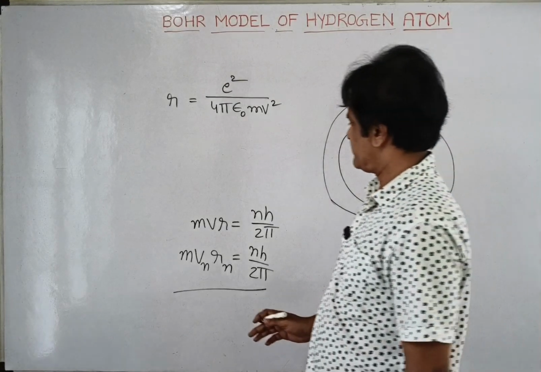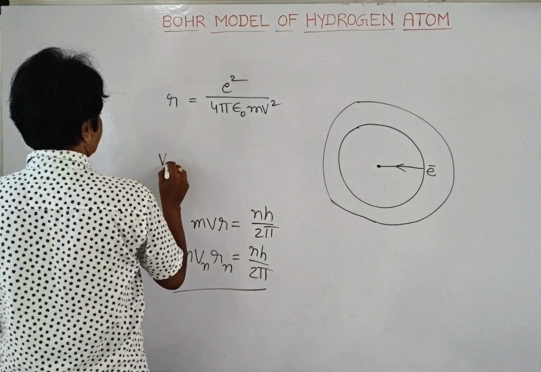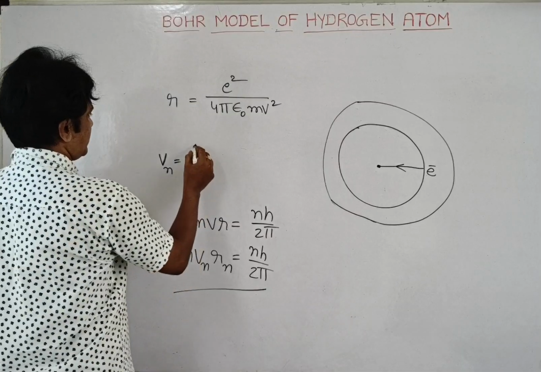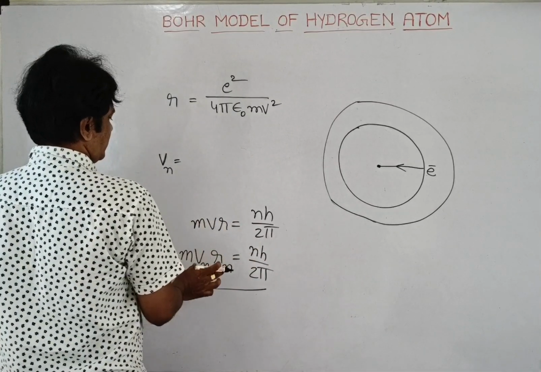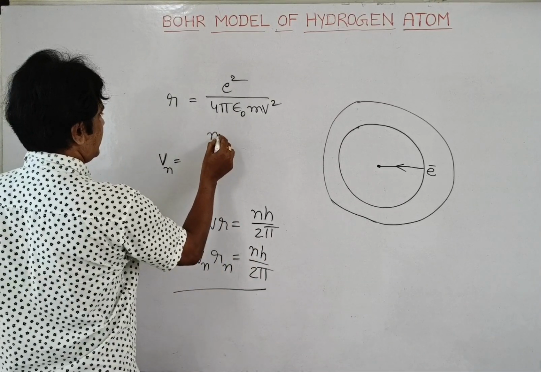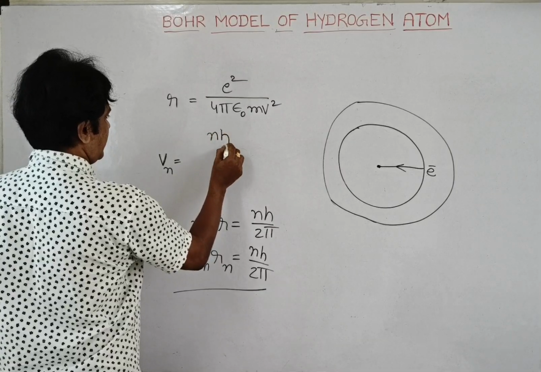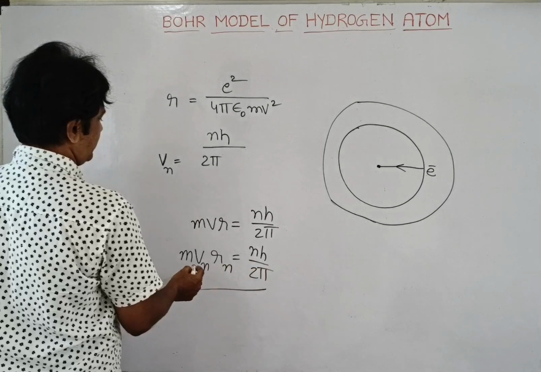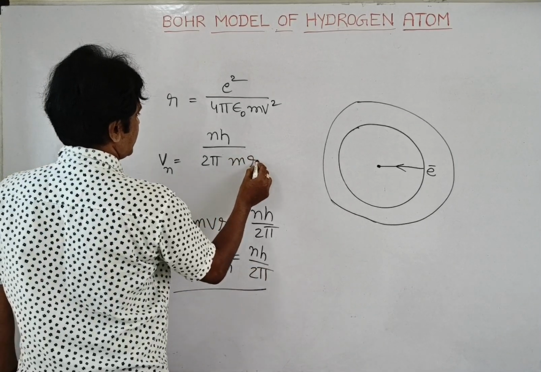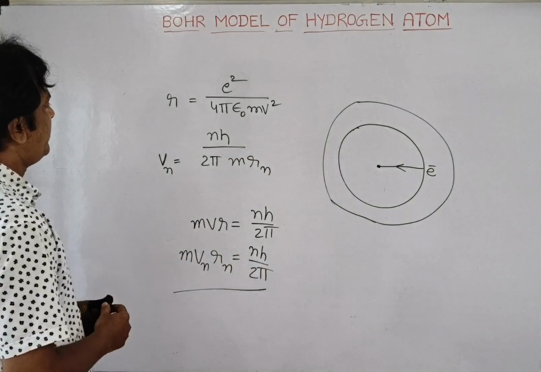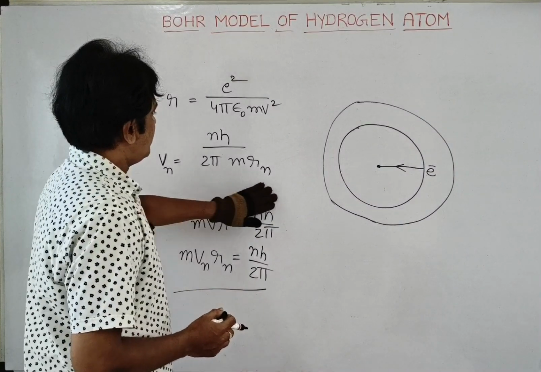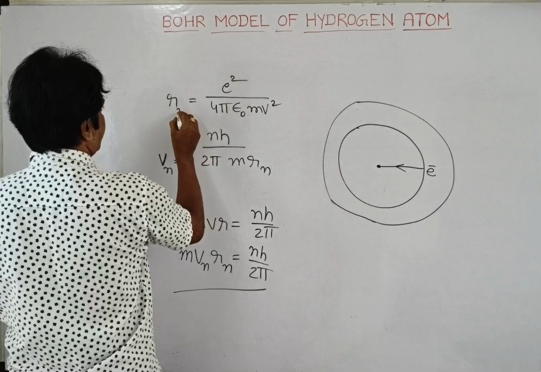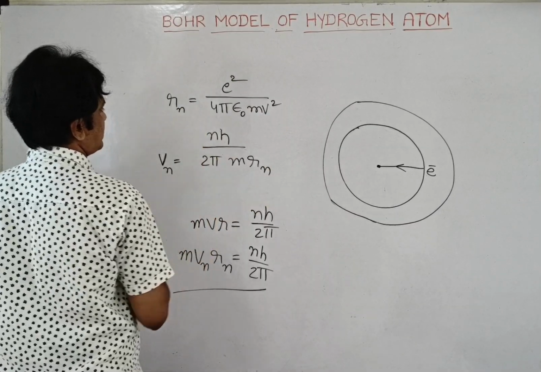See, velocity as per this, Vn is equal to nh by 2 pi, and this m Rn goes to this side. Now we place the entire Rn value at this place.